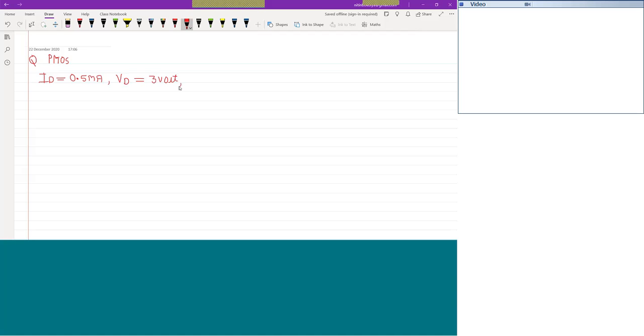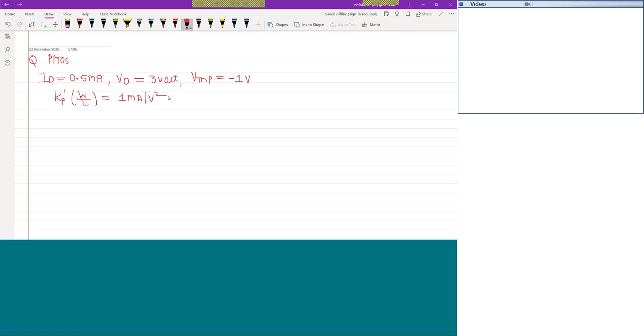बहुत अच्छे. और क्या दिया है? Let VTHP is equivalent to -1 volt. क्योंकि अगर PMOS है तो थ्रेशोल्ड कैसा होगा? नेगेटिव होगा. What else is given? Kp prime into W by L, process conductance parameter into aspect ratio, product is 1 milliampere per volt square.